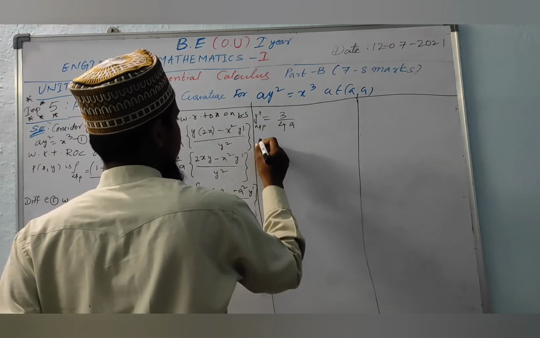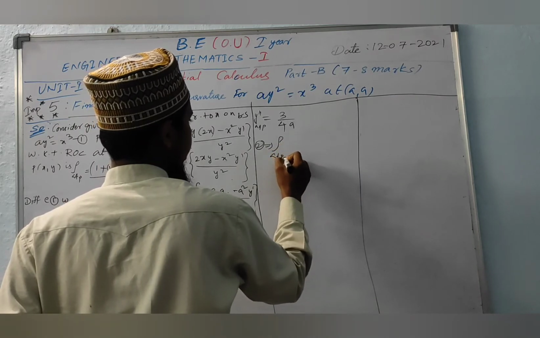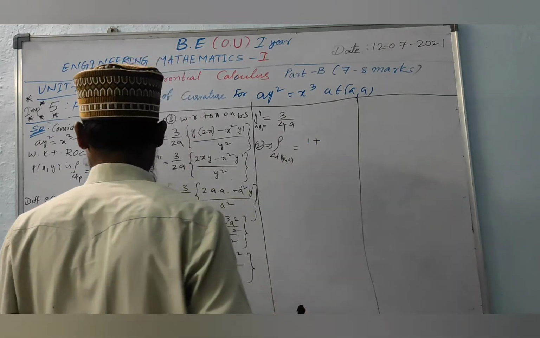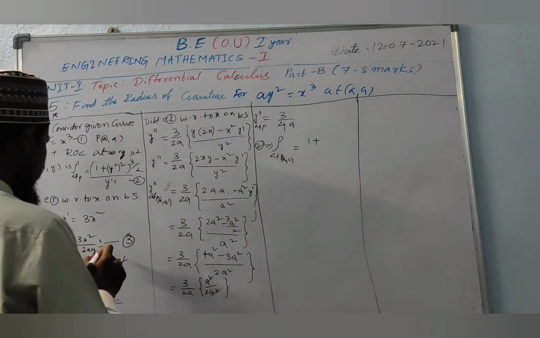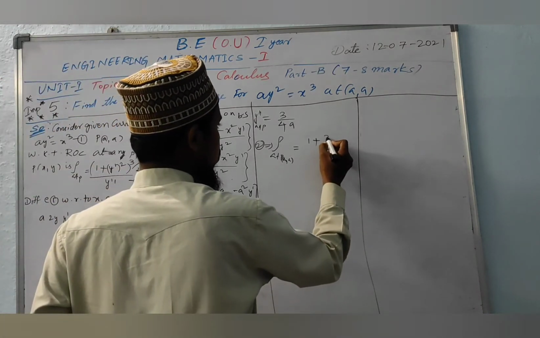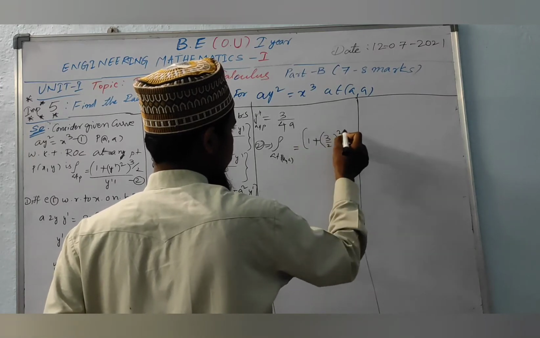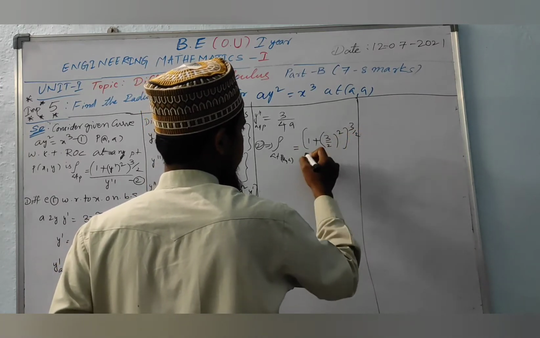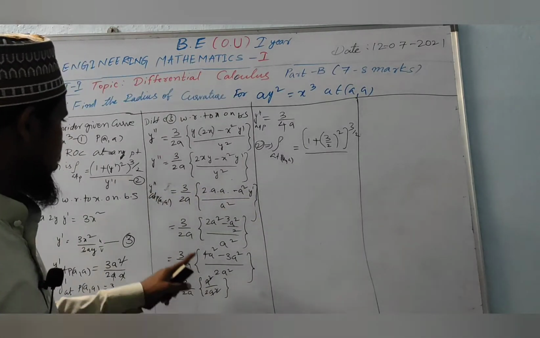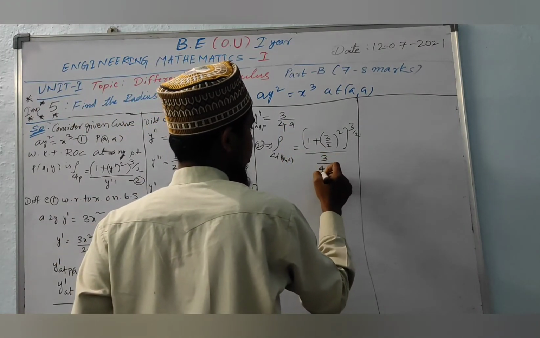We know that from equation 2, rho at P(a, a) is equal to (1 plus y dash square, where y dash is 3 by 2) whole to the power of 3 by 2, divided by y double dash, which is 3 by 4a.